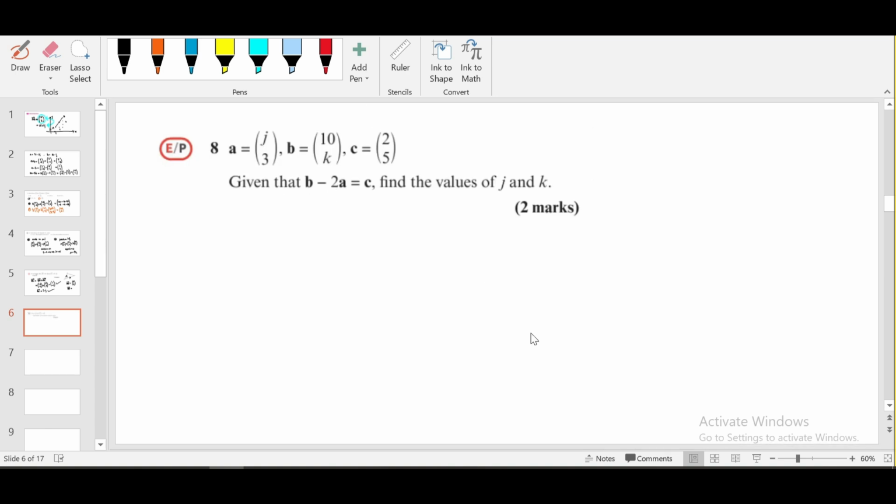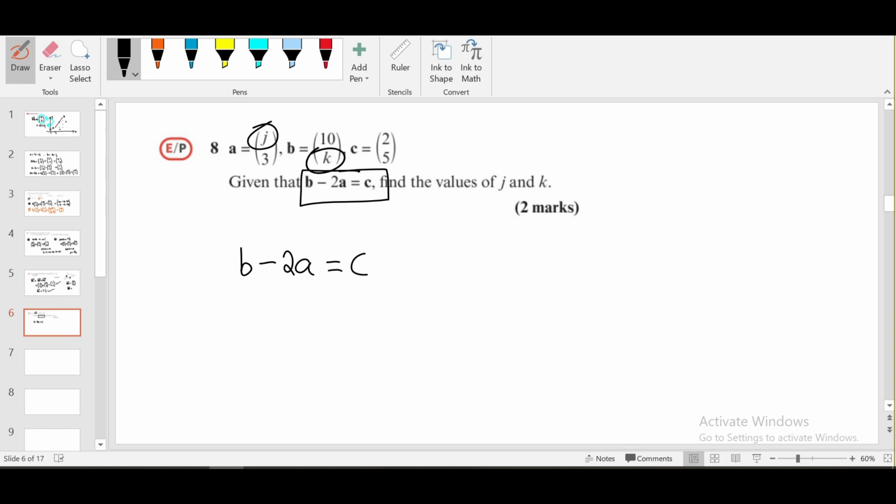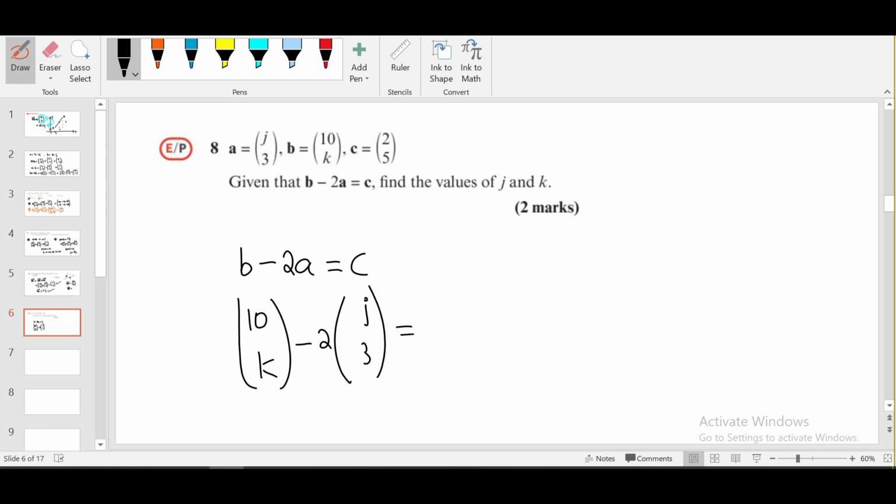You have A, B, C given and there is a condition given, b minus 2a is equal to c. They want you to find j and k. There is j here, k here. These components are missing, right? Just write them and equate it. Write b here, (10, k) minus 2 times a here, (j, 3) is equal to c, (2, 5).